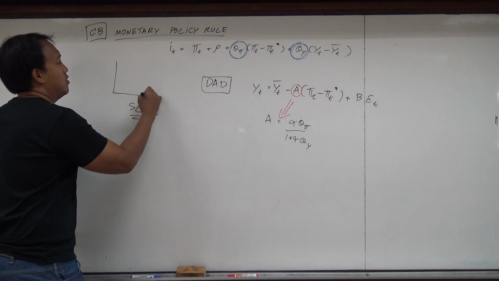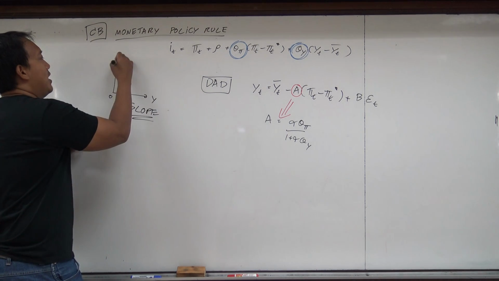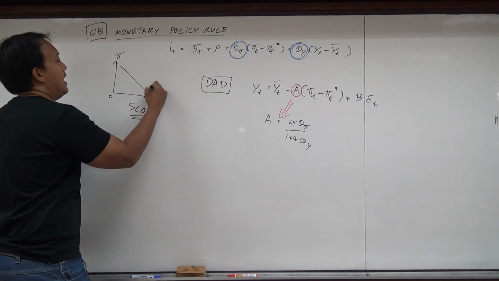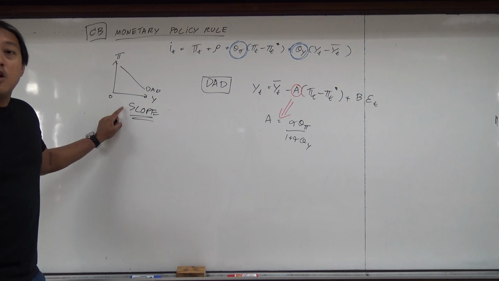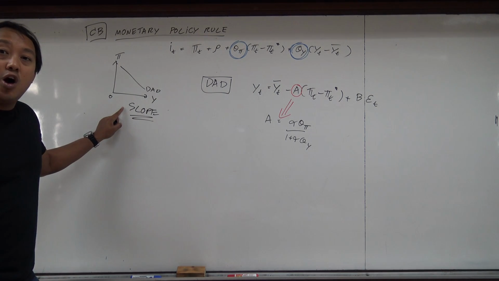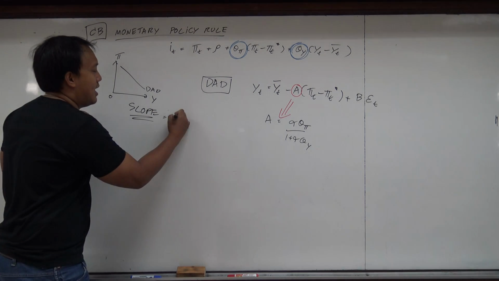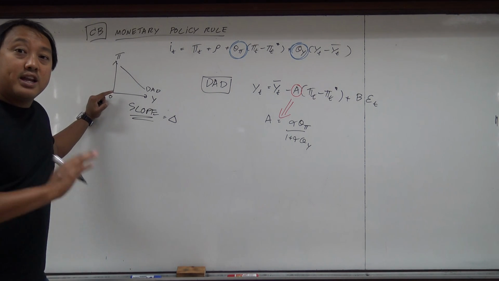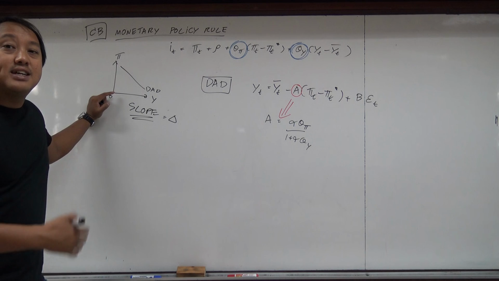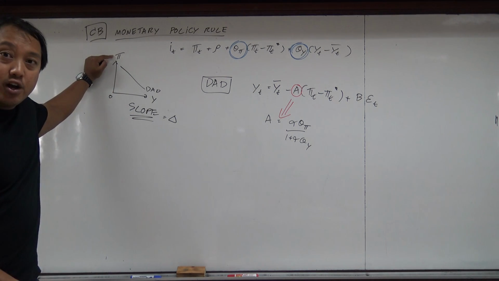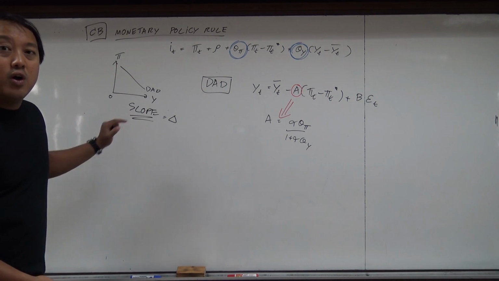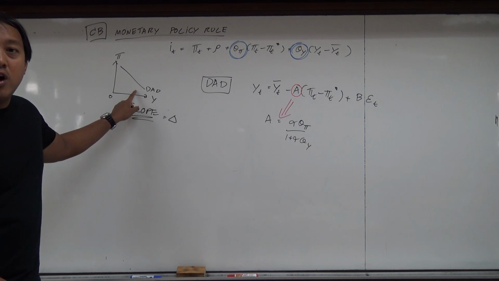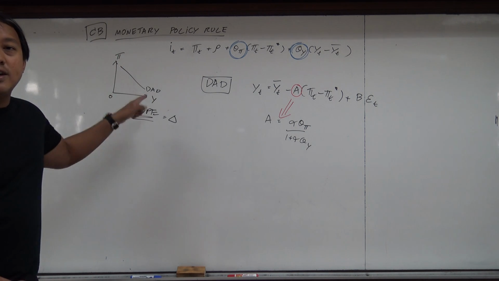As you know, this is y, O, and this is pi. This is DAD. Okay, normally the basic formula to find the slope is delta vertical over delta horizontal. In this case, the dynamic model, the vertical is pi and the horizontal is y.